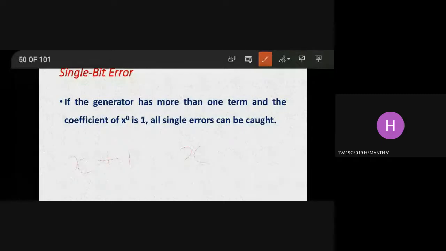So if you use this kind of divisor, then single errors can be detected.